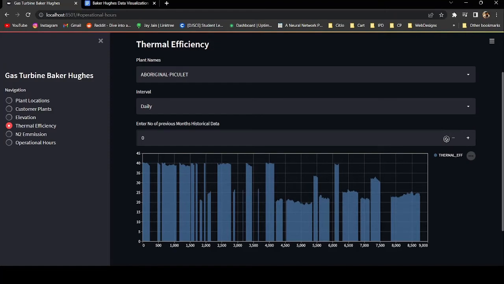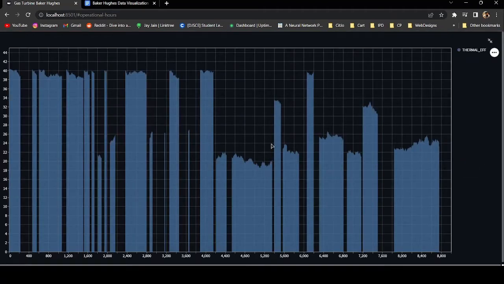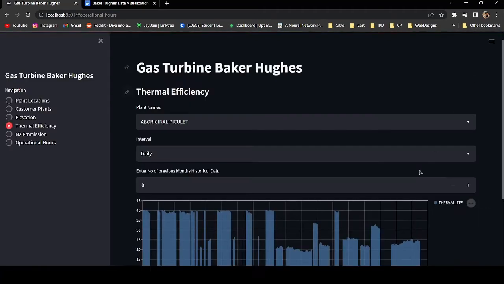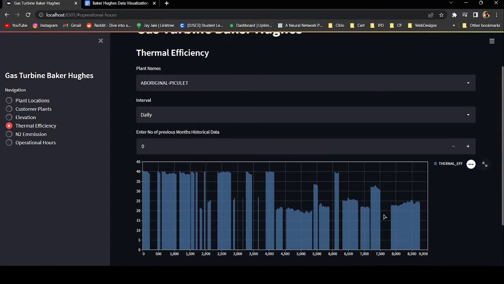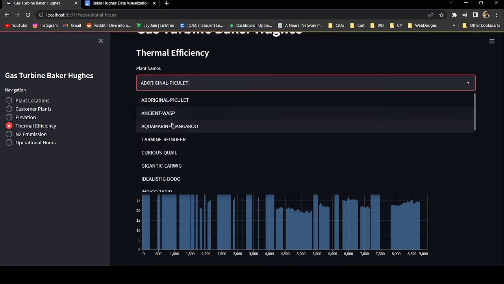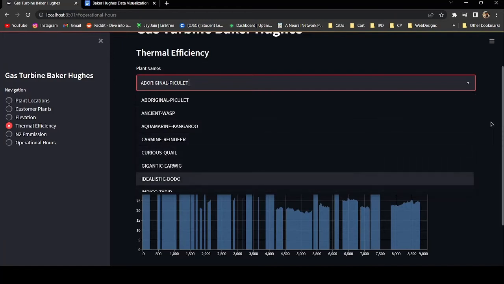So what we did was we first joined those engine CSV values for each plant, and then we added the powers because power is an additive quantity, and even the flow fuel, and then we took an average out of them. That is how we calculated the thermal efficiency for each plant. In the UI you can see that we have given them a quite interactive dashboard here.